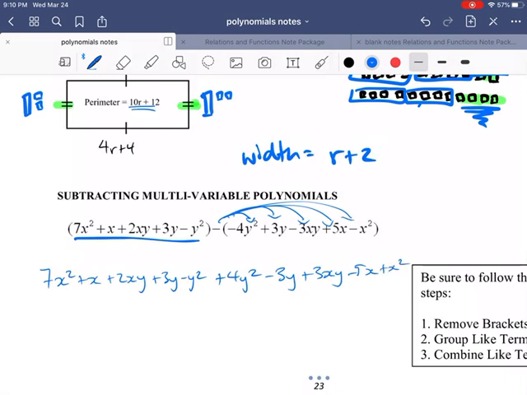So here's where you need to pause the video, take out your highlighter, and group like terms. The first ones we group are the 7x squared and the x squared, and that gives us 8x squared. The second set are the positive x and negative 5x, so positive x minus 5x is negative 4x. Then we combine the 2xy and the 3xy, and that gives us 5xy.